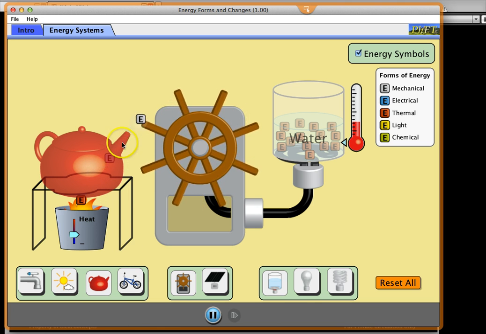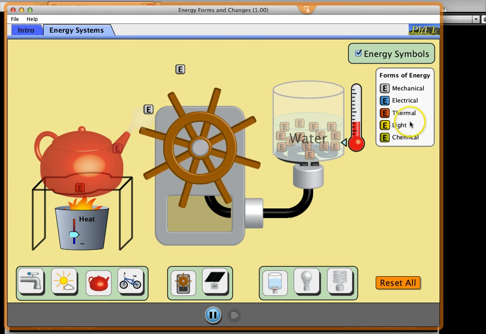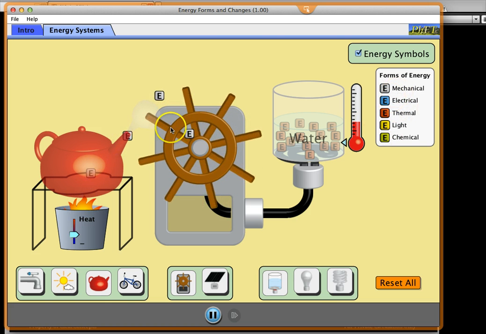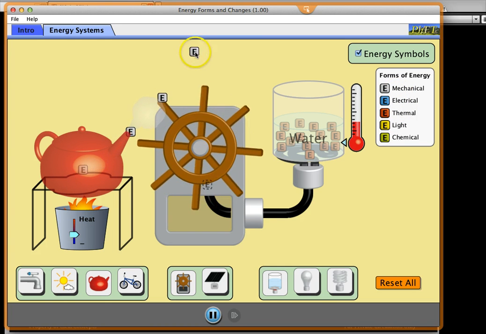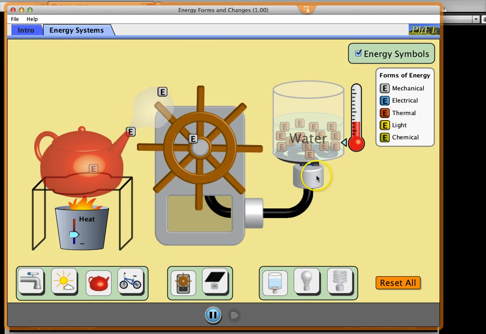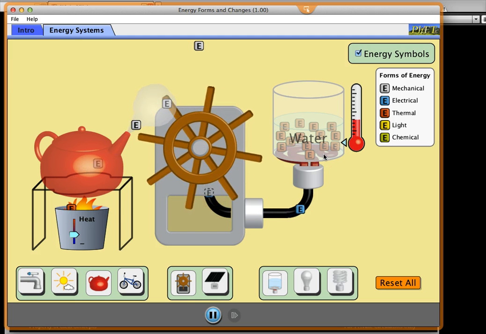It comes out of the nozzle with some speed. So now it's mechanical energy. The red energy has become gray. Note that red is thermal, gray is mechanical. Some of that is caught by the turbine, some is not, and that you can see is escaping. The turbine is converting each energy packet that it gets into blue, that's electrical energy, and this heater then converts it back into thermal energy.